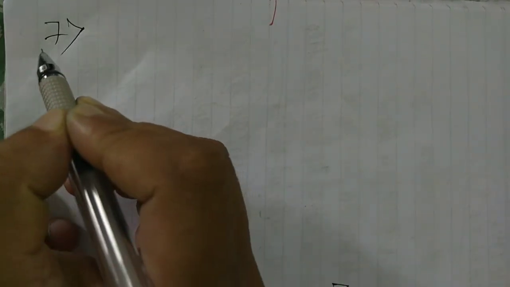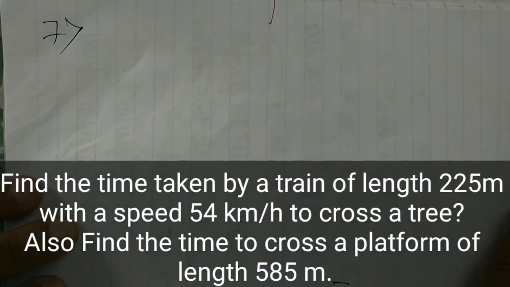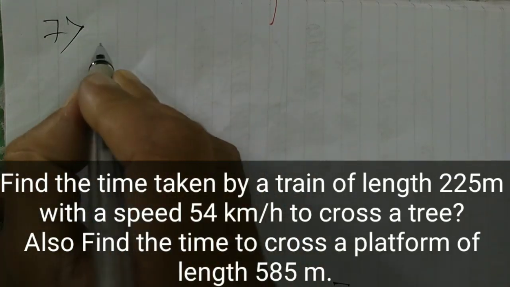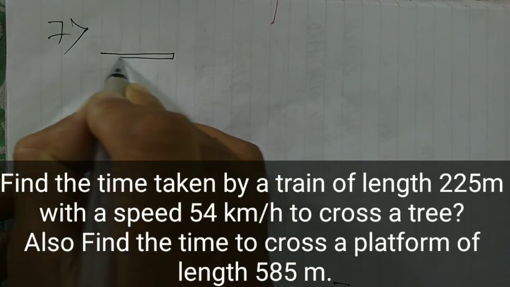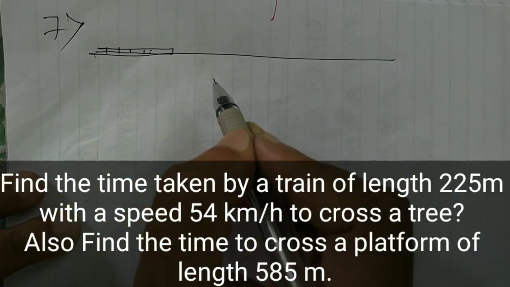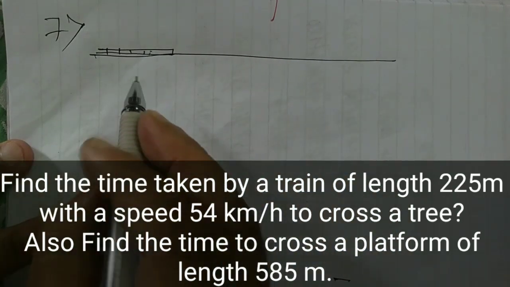Question number 7. Can you see it? Find the time taken by a train of length 225 meter traveling at a speed 54 km per hour. That is, this is the train and this is the track, traveling at a speed of 54 km per hour.